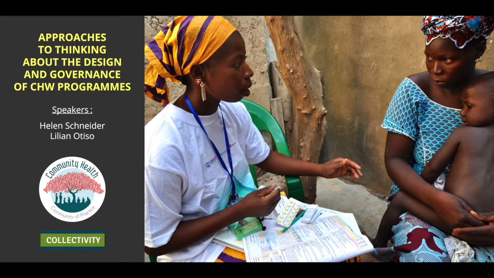That was one of the key messages from Helen's presentation, and making sure that we don't apply models to different contexts without adapting, without reflecting on the specifics of each community system that is in place, so we can have the best outcome for the community health worker programs, but also make sure that communities' capabilities are strengthened and communities get empowered through these processes.